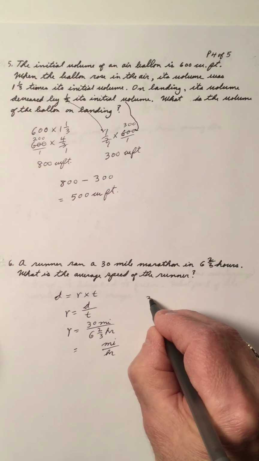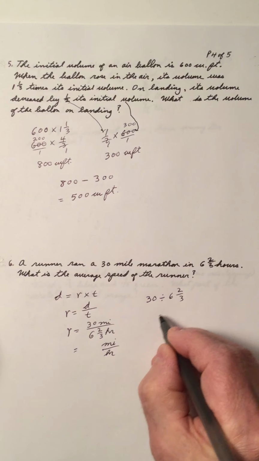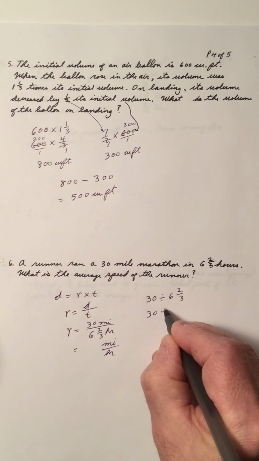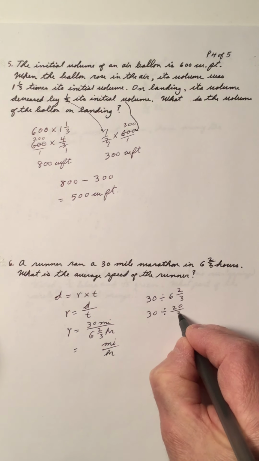So let's go over on the side and take 30 and divide it by 6 2/3. That's 30 divided by 3 6s are 18 plus 2 is 20 over 3.